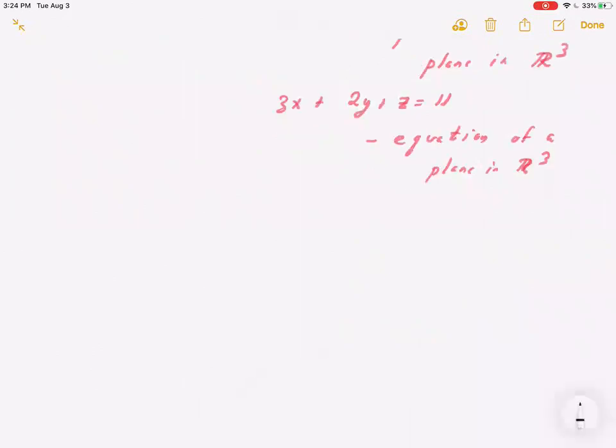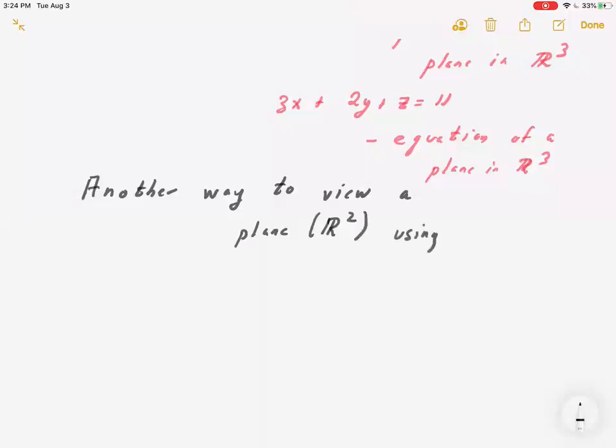Now, since this has sort of been a review, there's another way to view a plane. Let's say it's in R2, but now I'm going to use linear algebra.